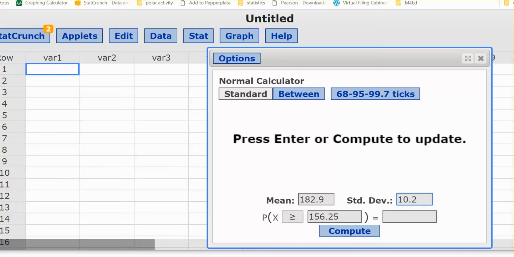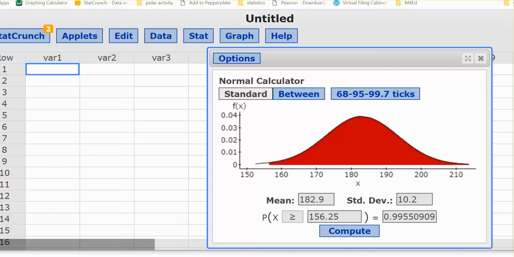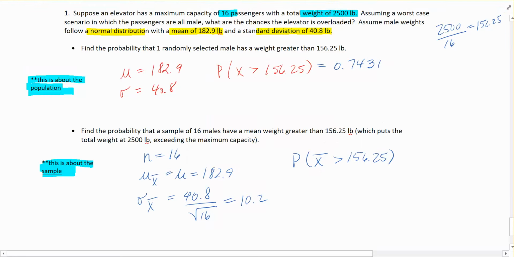So what's the probability for that? Now notice down here the probability is 0.9955. Think about what that means now.